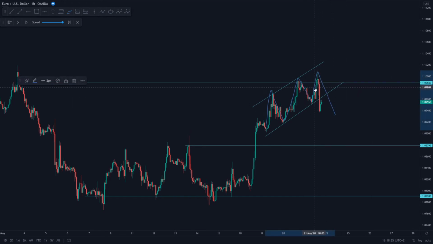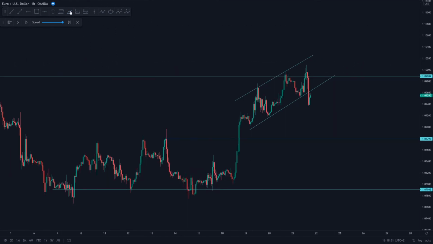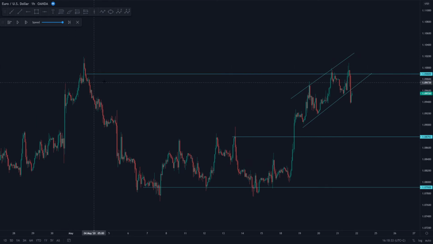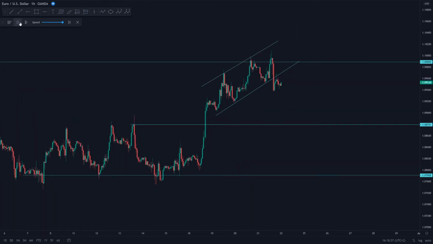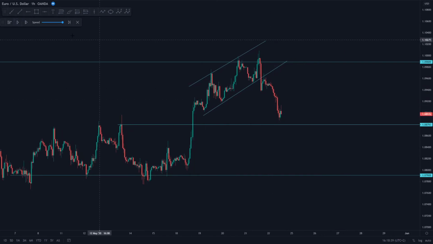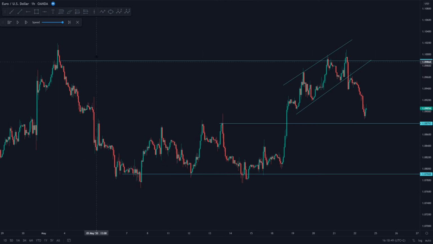So where do we find resistance on the 1-hour timeframe? We find resistance at our higher timeframe key level. So once we find resistance at our higher timeframe key level, we can then see that the lower timeframe trend switches from the uptrend to the downtrend, right?